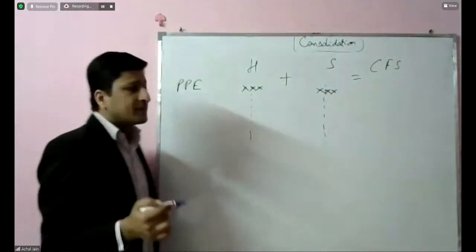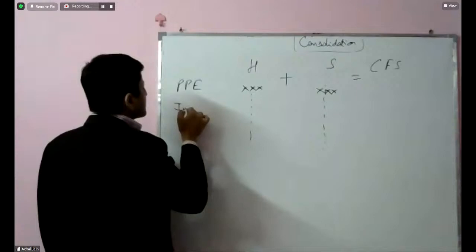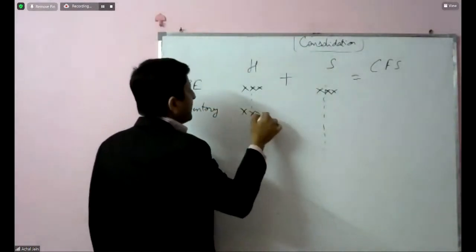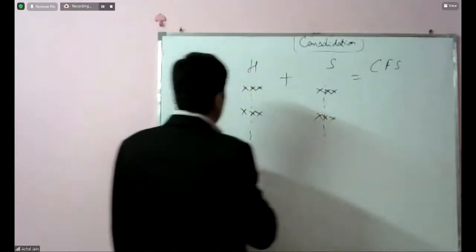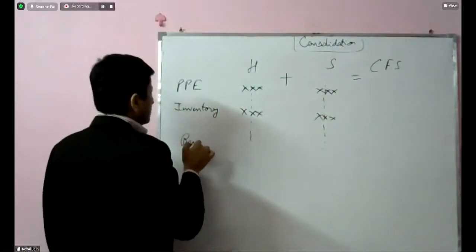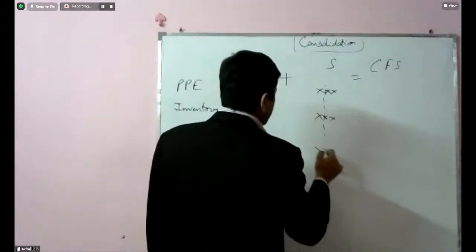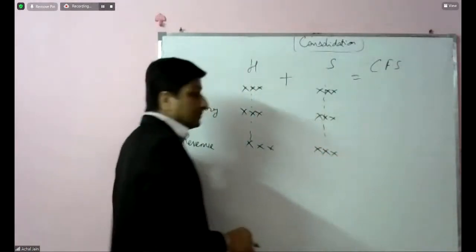If let's suppose this is inventory, so you'll add inventory amount to inventory. If let's suppose this is revenue, you will add revenue to revenue. Correct.